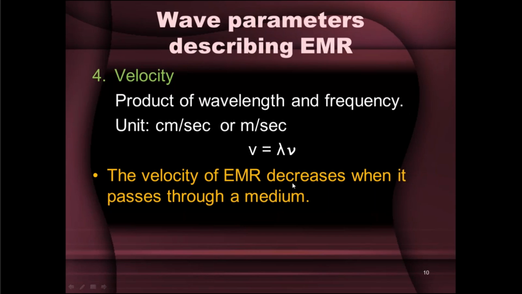So the velocity of electromagnetic radiation decreases when it passes through a medium. Whenever electromagnetic radiation passes through a medium, the velocity will decrease depending upon the density of the medium. The more dense, the more the electrostatic interactions with the matter, and the more the decrease in velocity.